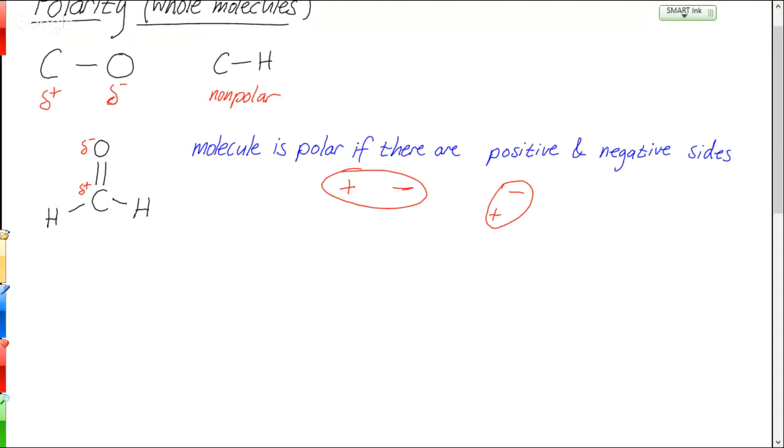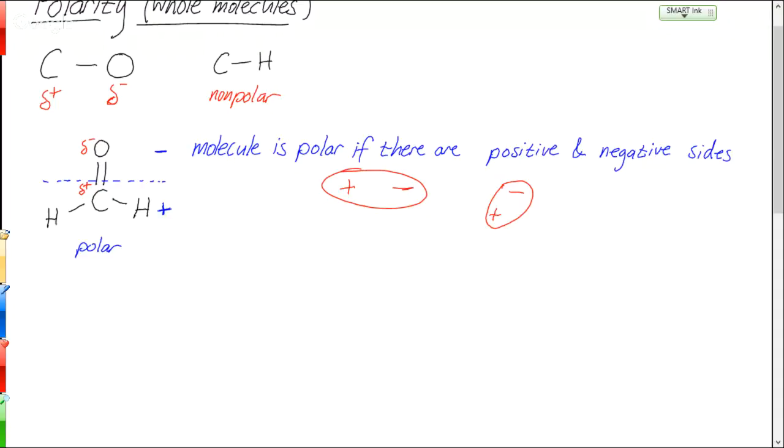How would you draw that line? Yeah, so we could draw a line kind of like this. And we would say that top half is where the negative stuff is, and the bottom half is where the positive stuff is. And so this molecule is overall polar.